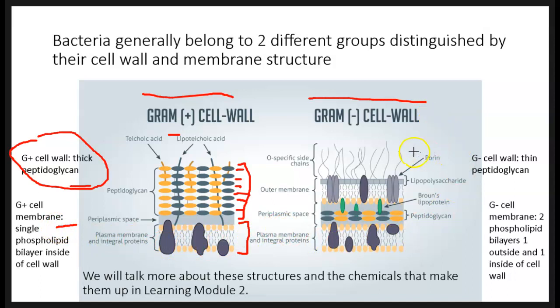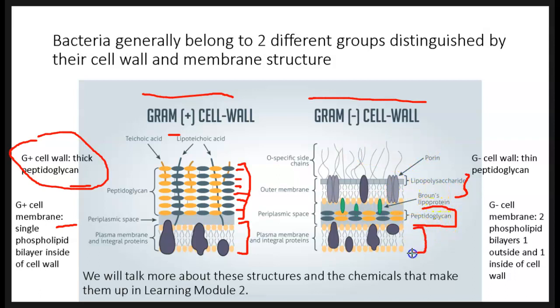Gram-negative cells, on the other hand, have a layer of peptidoglycan that makes up the cell wall, but it's a thin layer, so one or two layers of peptidoglycan. That peptidoglycan cell wall is actually between two different membranes. There is an outer membrane in gram-negative cells. It's made up of a phospholipid bilayer with a number of additional chemicals attached in it.